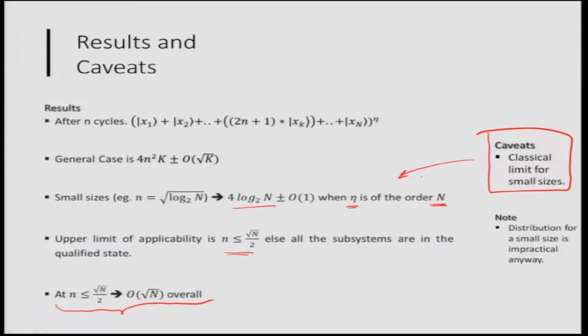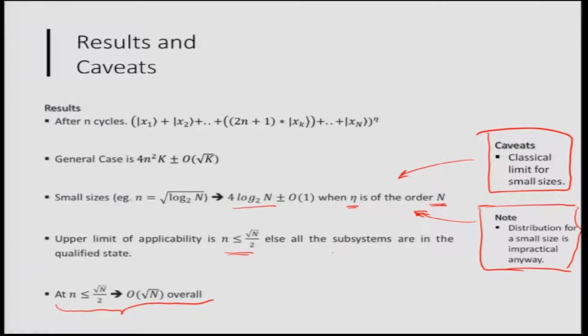However, a point to note is distribution for a small size is impractical anyway. So, nobody would want to do a distribution for a very small size of a search algorithm. The reason why it is going to be applicable is the case when the size of the problem is large enough that you would like to distribute the problem.